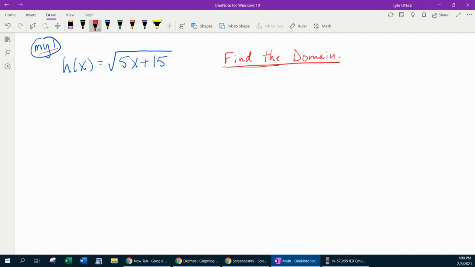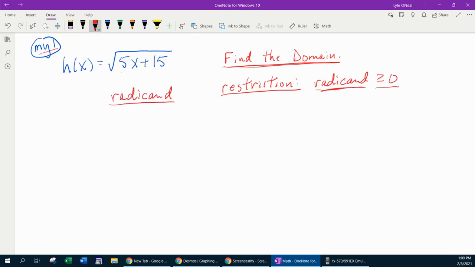So since the instructions say find the domain, we need to know if a square root function has a restriction. And it does. The restriction for a square root function says that the radicand must be greater than or equal to 0. And the radicand is the stuff under the radical. So what we need to do to find the domain is we first need to find the restriction, and then we'll know what values x can be.